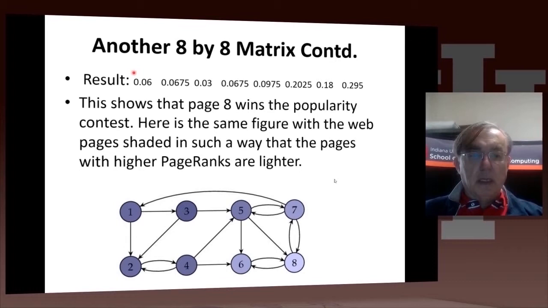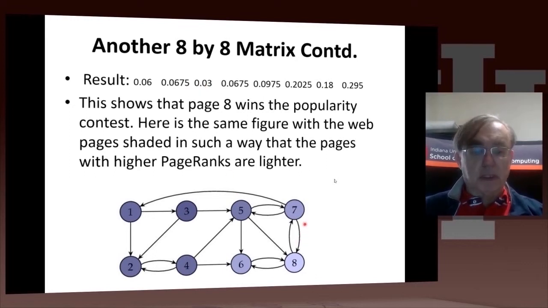result, which these are the page ranks, and actually site 8 is much the largest page rank, 0.295. Next is site 6, 0.2025, then site 7, 0.18, and the smallest is site 3.